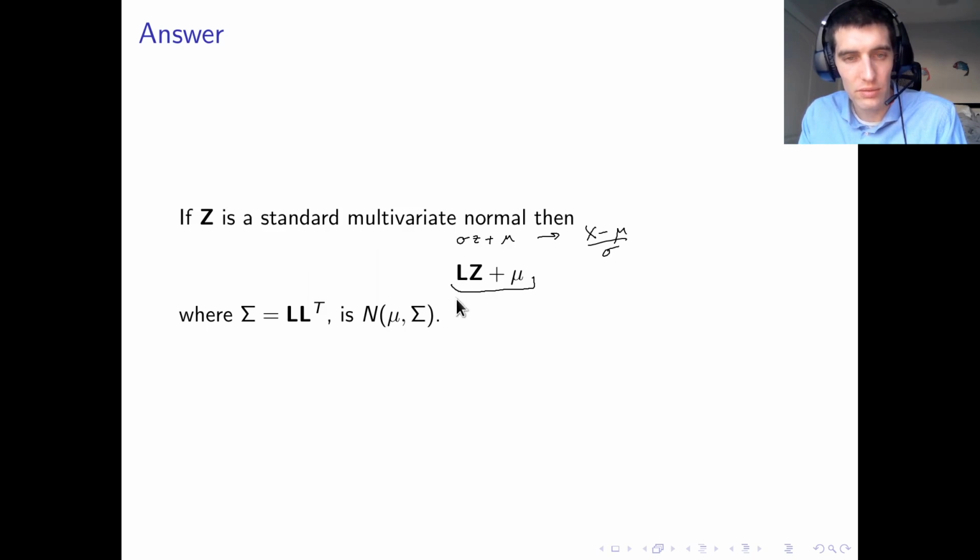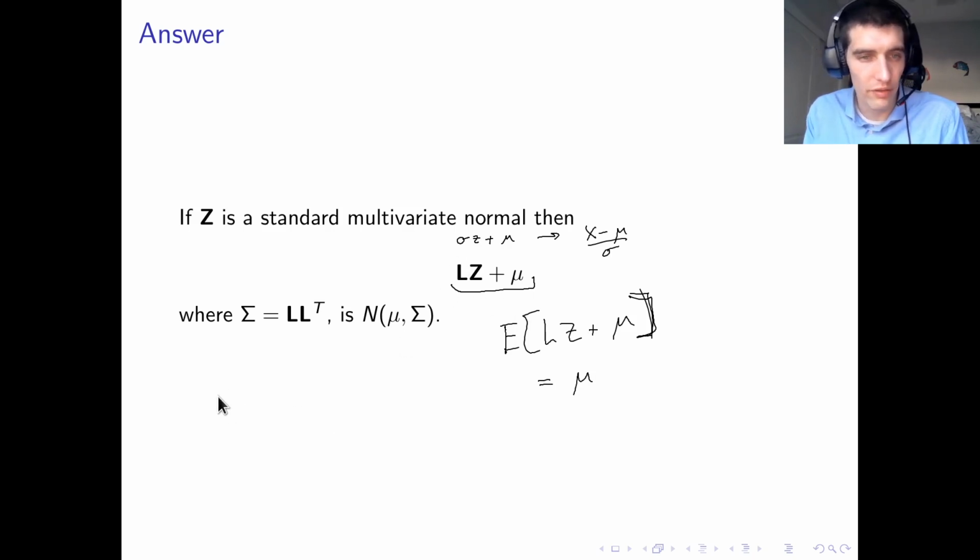Its mean: we can apply the expectation. L is constant and Z has mean 0, so this becomes the expectation of mu, which is just mu. Then for the variance of LZ plus mu: adding a constant to a variance or covariance doesn't affect it, so we get the variance of LZ.